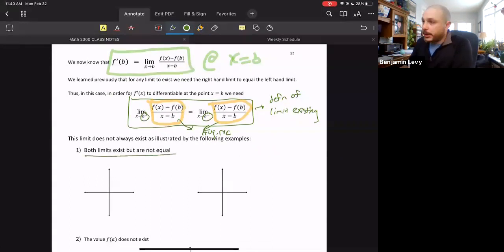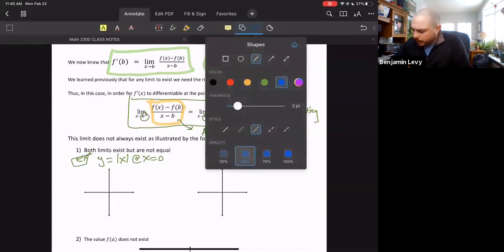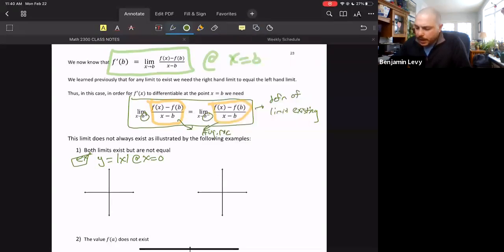One way that this might not work is if both limits exist but are not equal, right? For example, if we have the absolute value of x, specifically at x equals 0, something funky happens in that case. If you remember what the absolute value looks like, it just looks like a v.